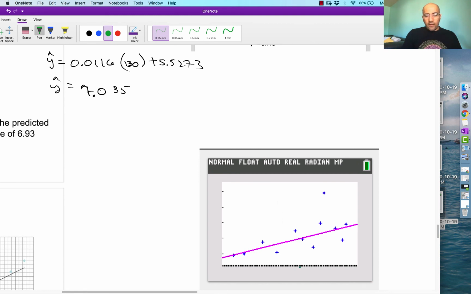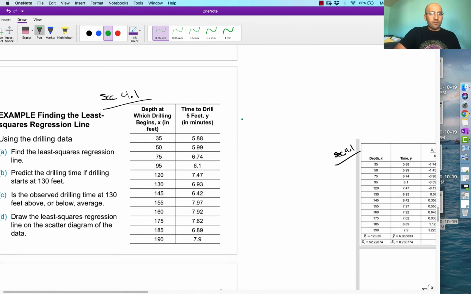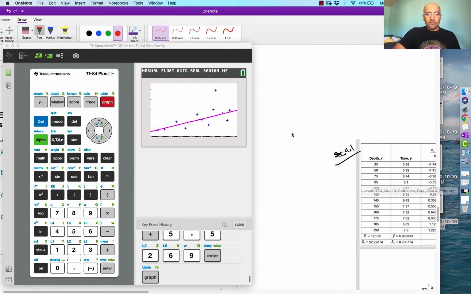So when x equals 130, you know what? Actually, I could do even better, right? Is there a value that's 130 in our table? Yep. Okay, here it is. It was 130. This is the observed value, 130 and 6.93. So let me go back to my calculator.